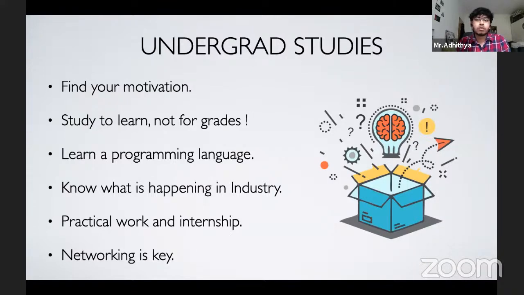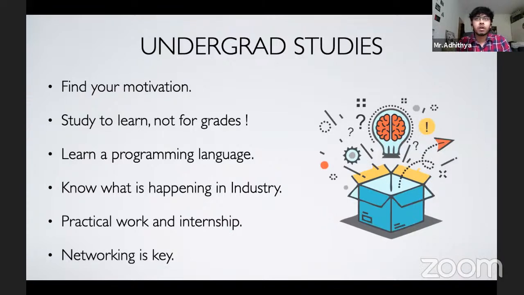So once you find that motivation, it is important to learn the fundamentals. Without the fundamental knowledge of what is happening in the respective area, it is really difficult to proceed forward. So learn the fundamentals, and this is one thing that my friends and I share as a common idea: study to learn a concept or a technique or technology in that particular field, and not for grades.